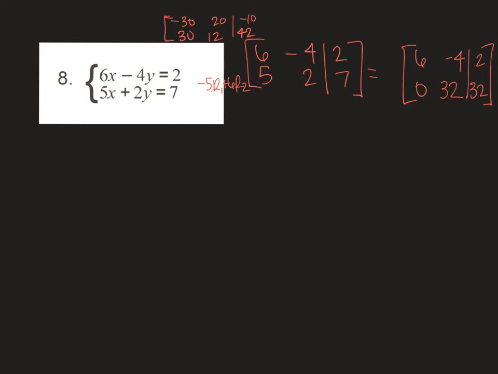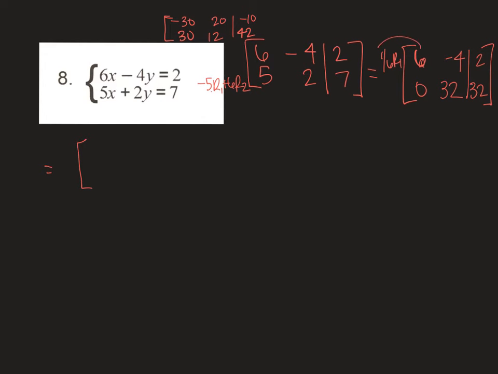So I know I want my first row to have a 1 first. So if I want to get this 6 to become a 1, I need to multiply it by 1/6, or essentially divide it by 6. So 1/6 times row 1.